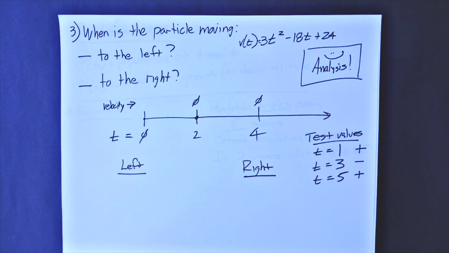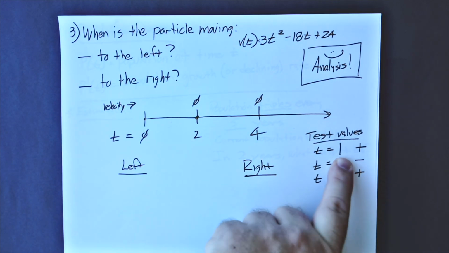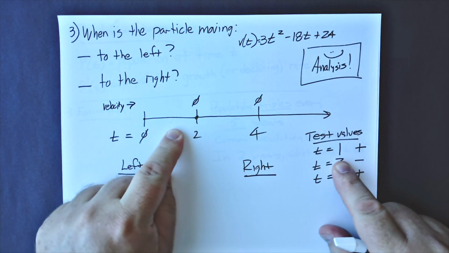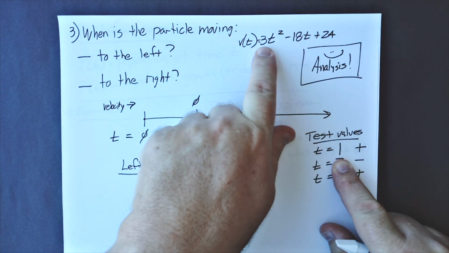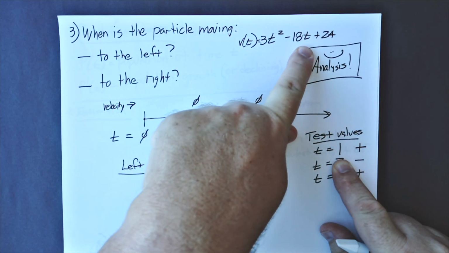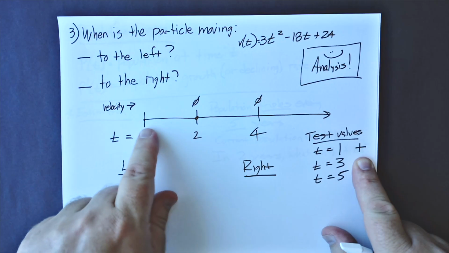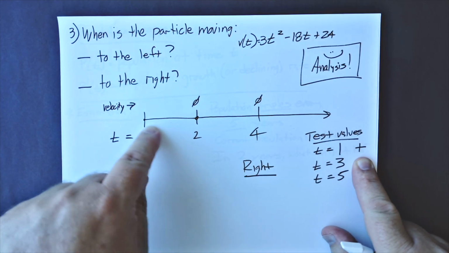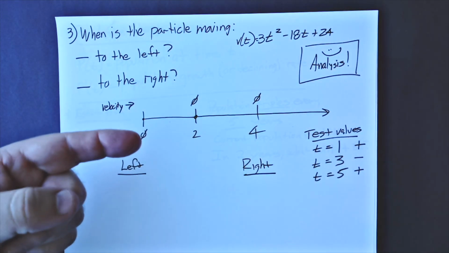I chose 1 as a simple test value. So we plug 1 in, and I get 3 minus 18 plus 24. That's positive. So in this whole region from 0 seconds to 2 seconds, it's moving to the right.